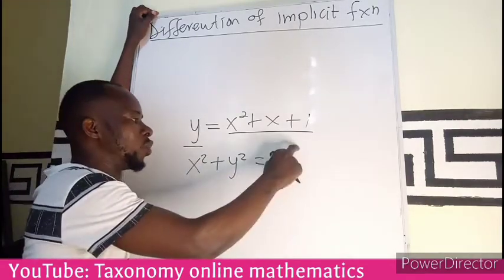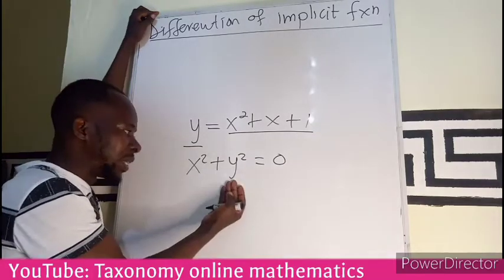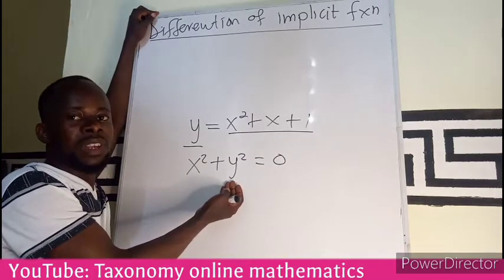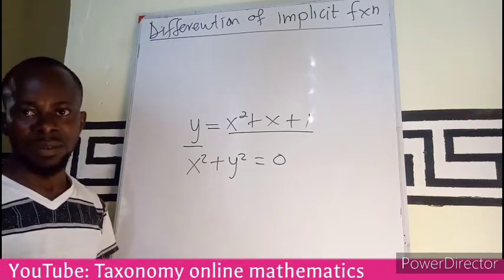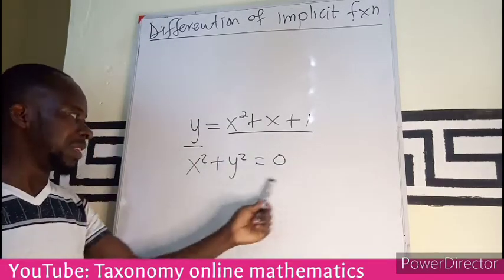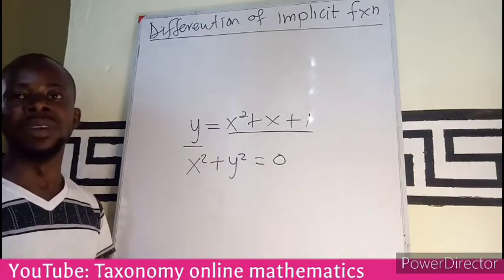So I am going to differentiate this implicitly, meaning I will differentiate y with respect to x and differentiate x also with respect to x. If you are doing this kind of differentiation, then we say we are doing implicit differentiation.